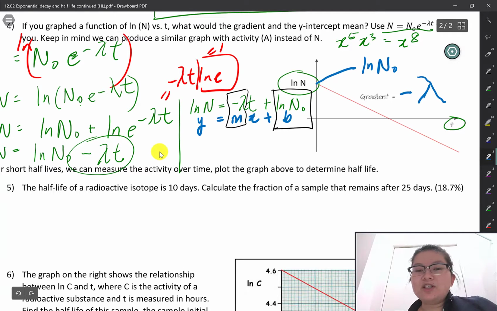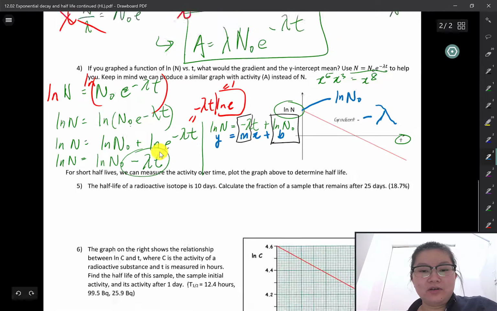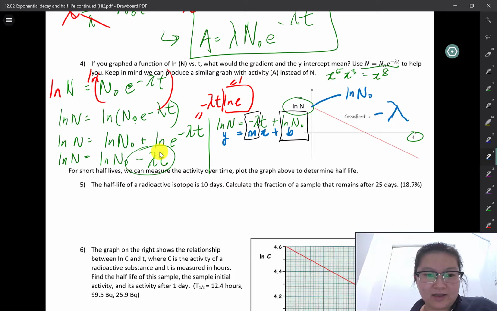Just by plotting your data, you can figure out the decay constant, and from the decay constant and the y-intercept, you should be able to predict the amount of radioactive nuclei after a certain amount of time. Okay, so there we go. All right, and that's it.